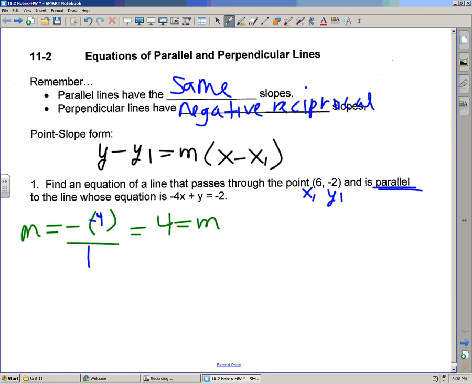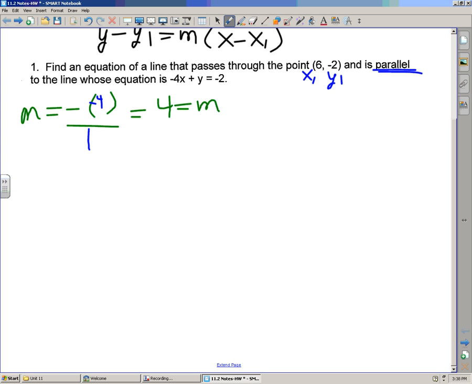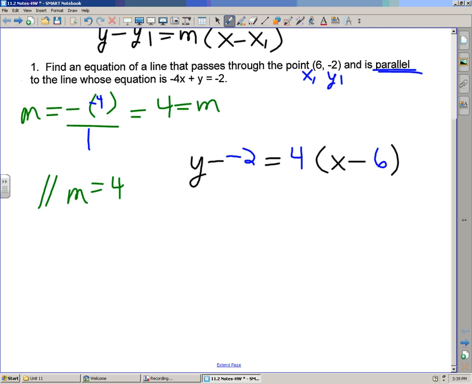To be parallel to that, I need to have a parallel line has a slope that's the same. So what I need to do now is to use my point slope form, y minus y1 equals m, x minus x1, and dump in all the pieces that I know. y1 negative 2, slope m is 4, and x1 is 6.